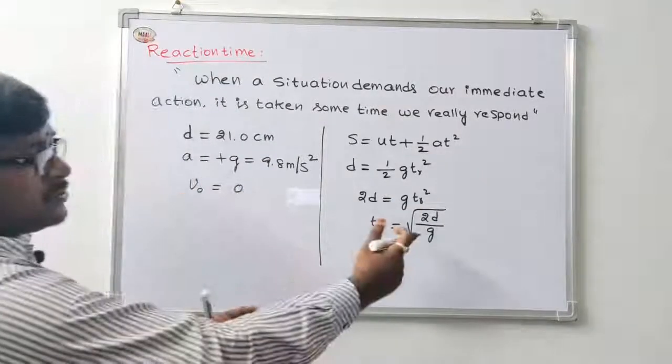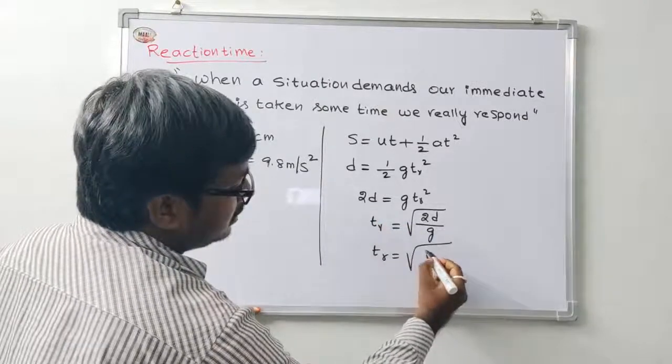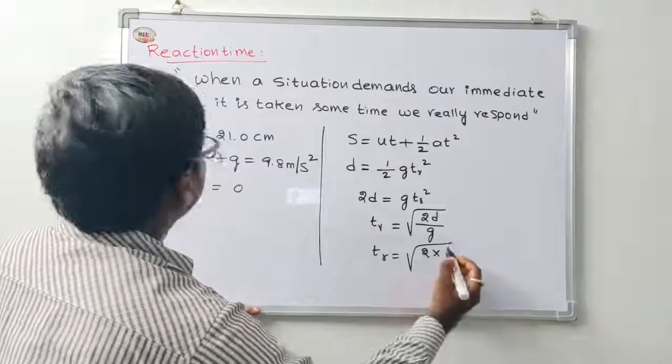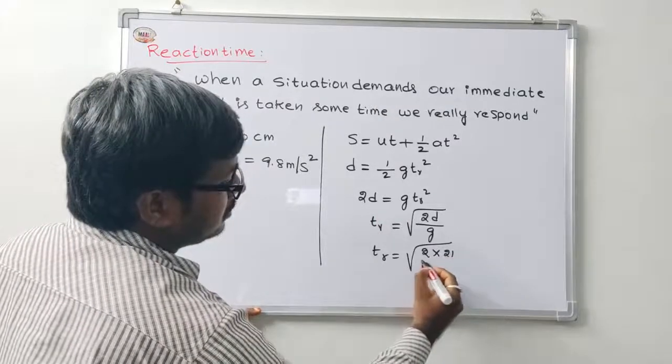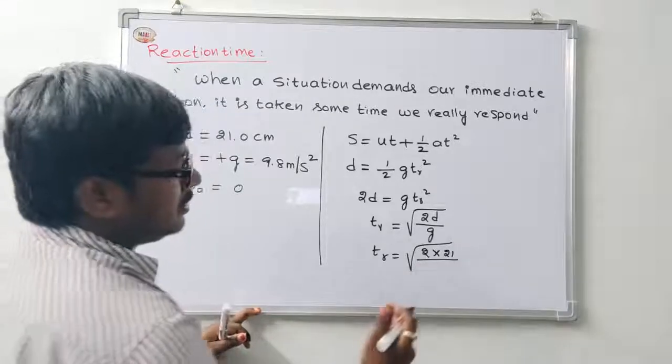These values are substituted in this formula. So t r is equal to square root of 2 into d value 21.